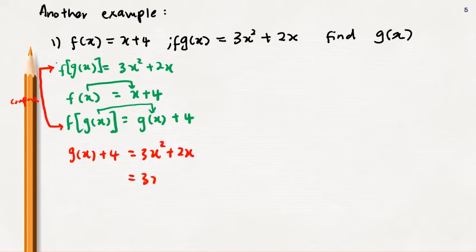So, rearrange back. 3x square plus 2x minus 4. So, we get g(x) is 3x square plus, okay, sorry. This is the answer. We have got it, all done. So, g(x) is equal to 3x square plus 2x minus 4.